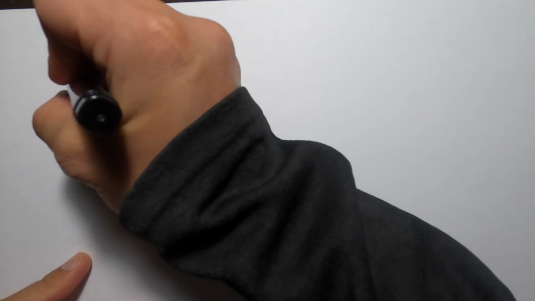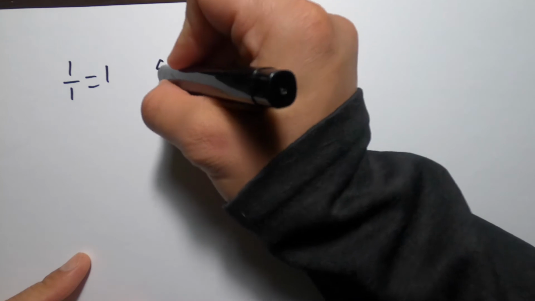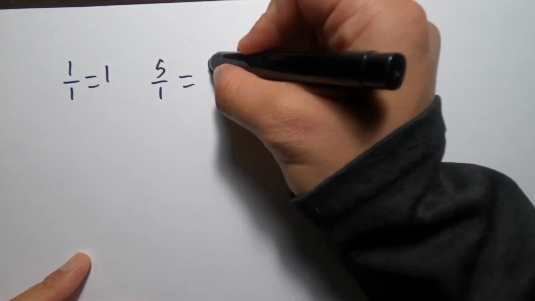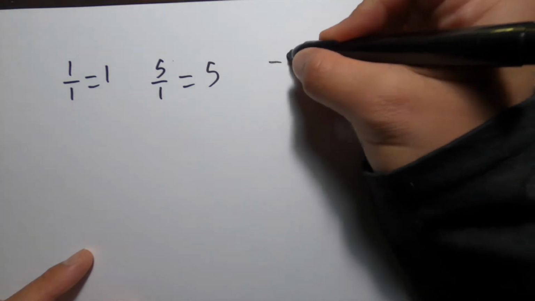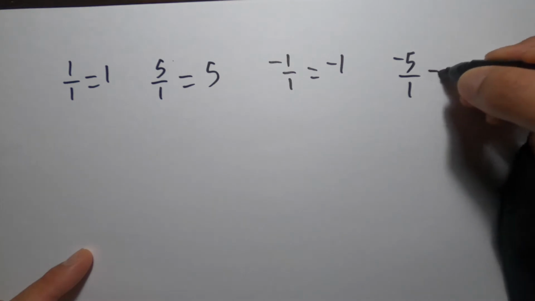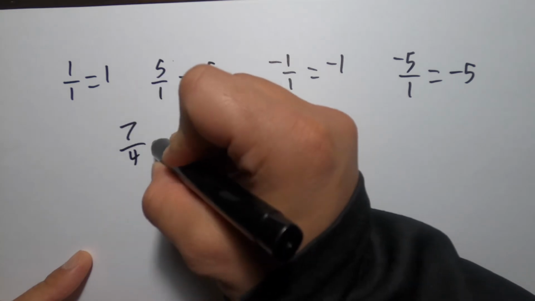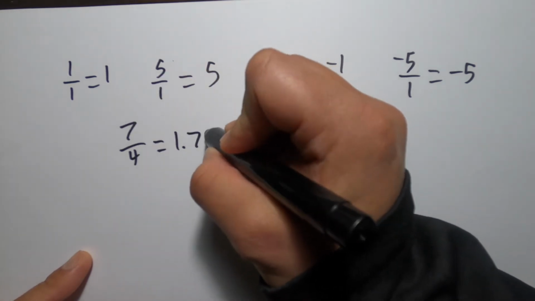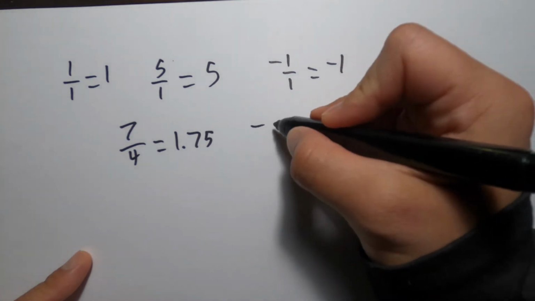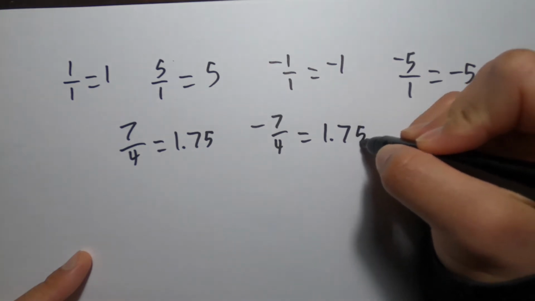Next, we're going to talk about all rational numbers, or ratios, such as 1/1, which equals 1, or let's say 5/1 equals 5, or maybe -1/1 equals -1, -5/1 equals -5, or maybe 7/4 equals 1.75, or -7/4 equals -1.75.